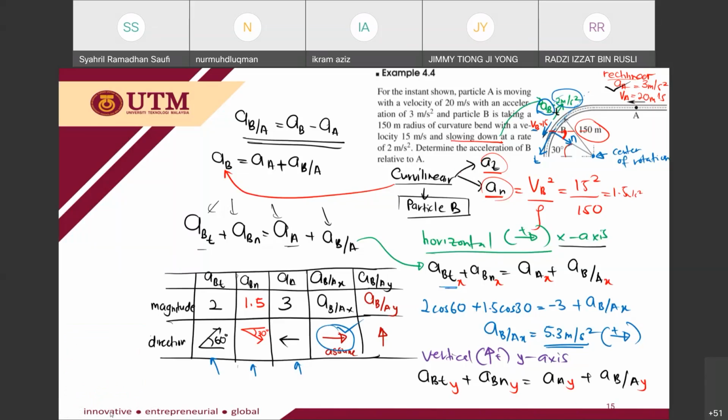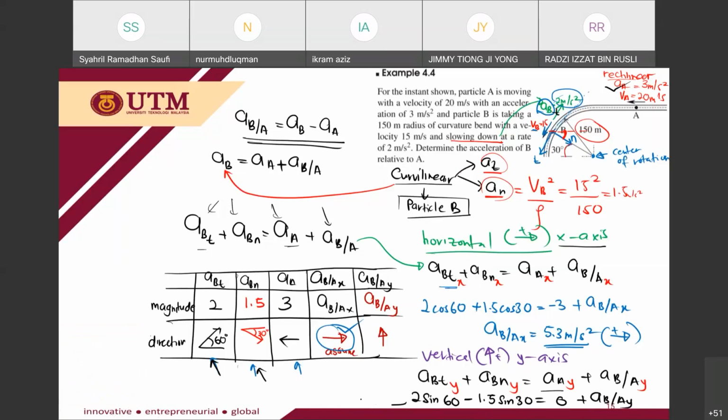Acceleration of B tangent along y is 2 sine 60, minus 1.5 sine 30, since it's below the y-axis, equal to 0, since you don't have acceleration of A along y, plus acceleration of B relative to A along y.